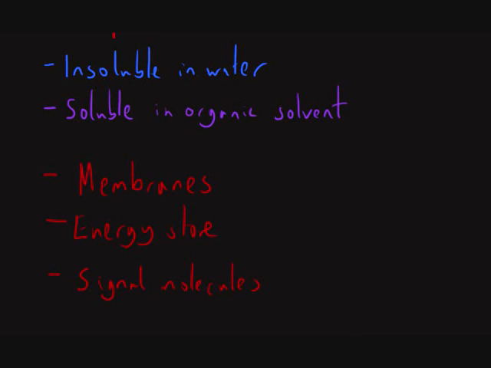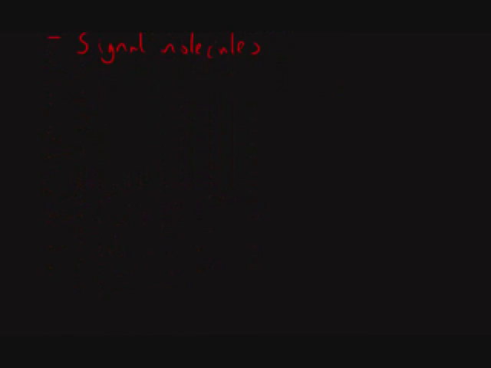Now we'll go through some of the important ones to know about. The first one you have probably heard of is fatty acids. They're not quite the same as proteins. We talked about how amino acids are the building blocks of proteins, and you can build up from different amino acids to create proteins.